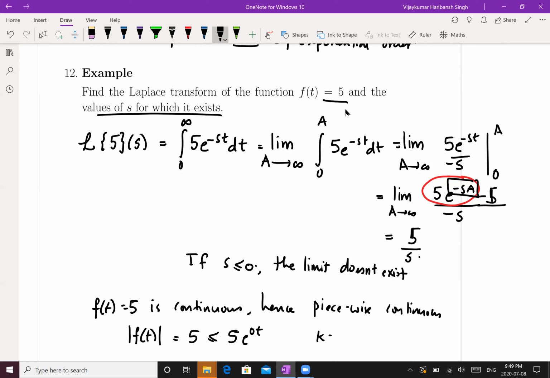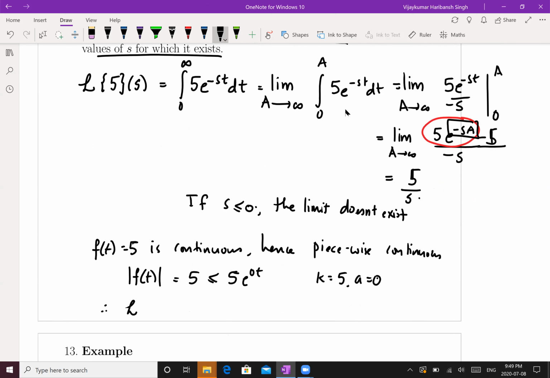So k equals 5 and a equals 0. So therefore, it makes sense, right? Therefore, the Laplace transform of 5 exists, which is in agreement with our limit.